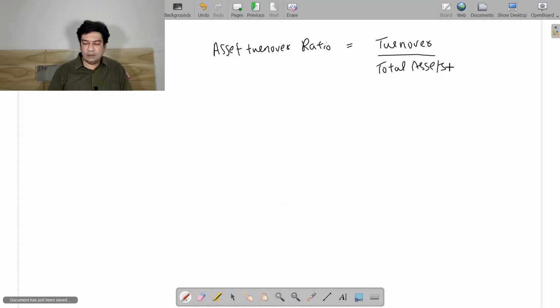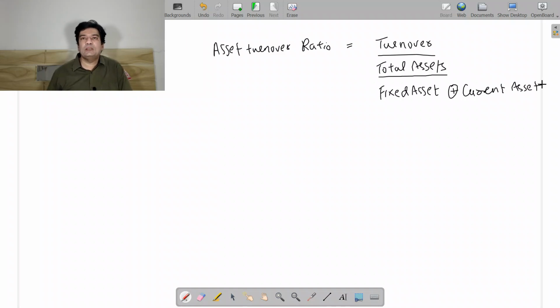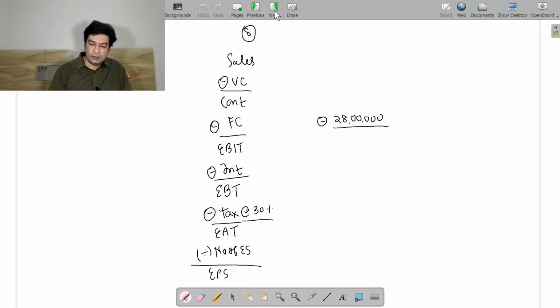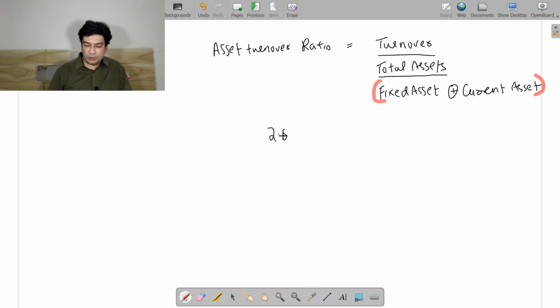So this is the asset turnover ratio. Now the total assets are comprising of fixed assets as well as your current assets. This is the total asset. We have an asset turnover ratio of 2.5. So I will be writing here 2.5.